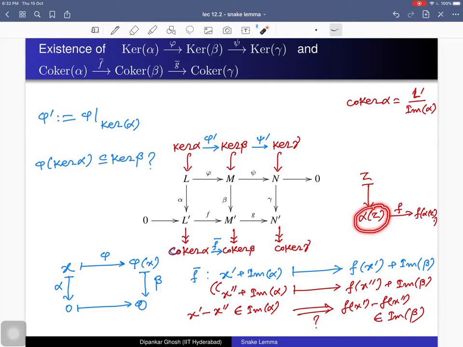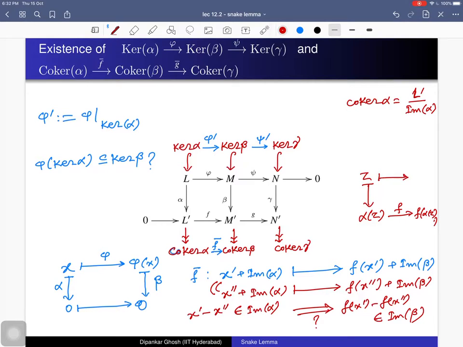We just have to prove that if you apply f on this element, that is just f of alpha of z, this element should be there in the image of beta. So we need to find a pre-image of f of alpha of z here. So we can use this z.